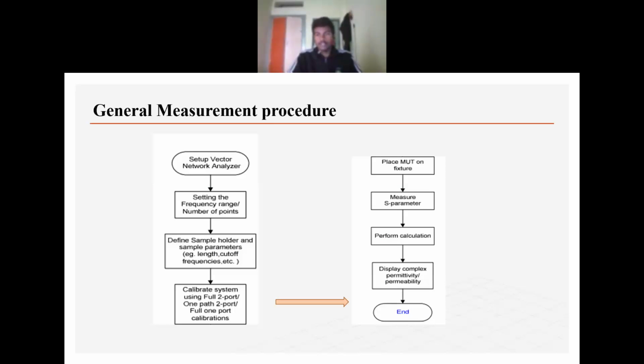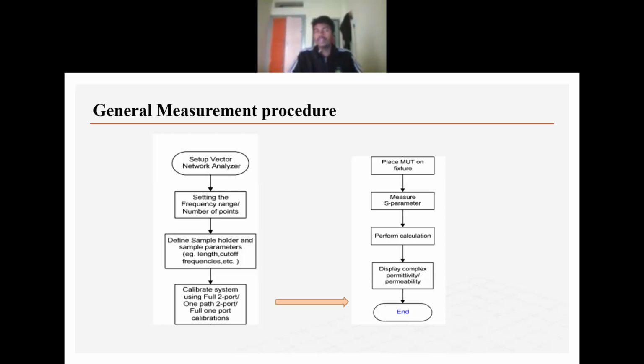For the general measurement procedure, first the vector network analyzer is set up with the frequencies that we want to measure. We want to measure the variation of permittivity in that frequency range, so we give this frequency range as the input.